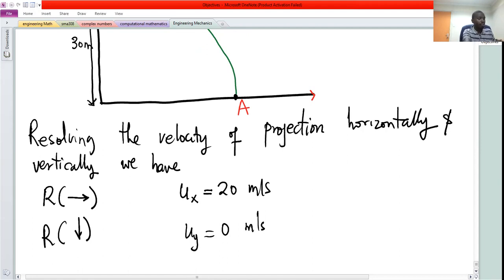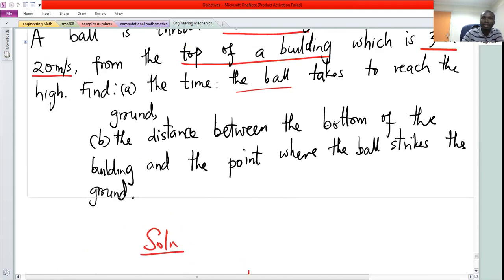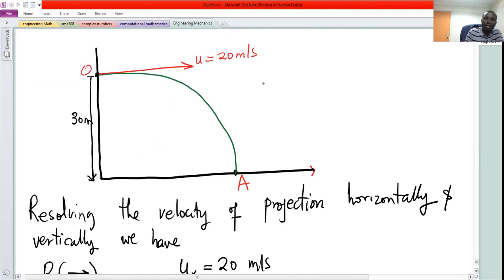Now we choose which direction to be positive to be able to answer the question, to find the time the ball takes to reach the ground. I want us to assume that we are taking the downward motion to be positive, so that the acceleration will just be the same as the gravitational acceleration.